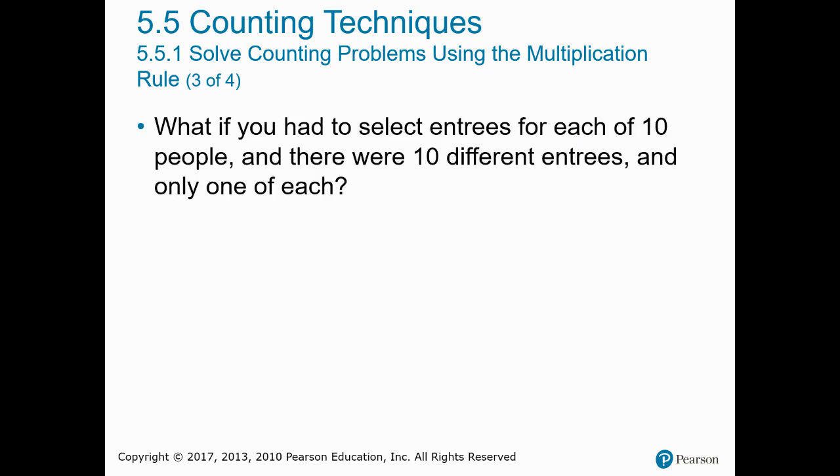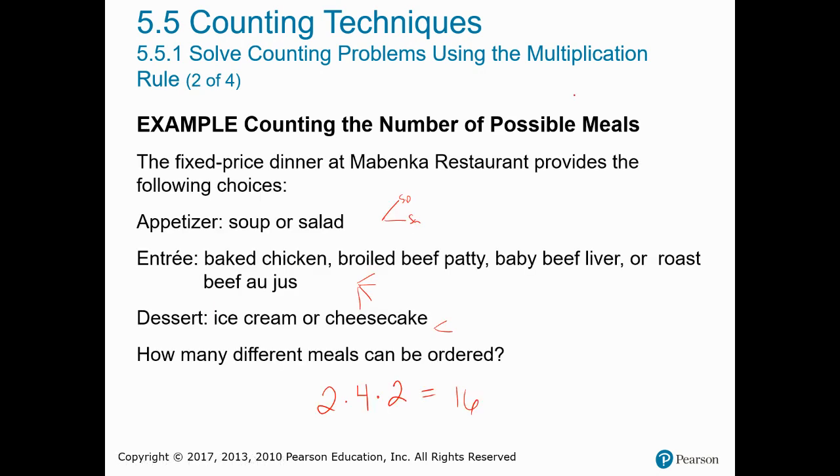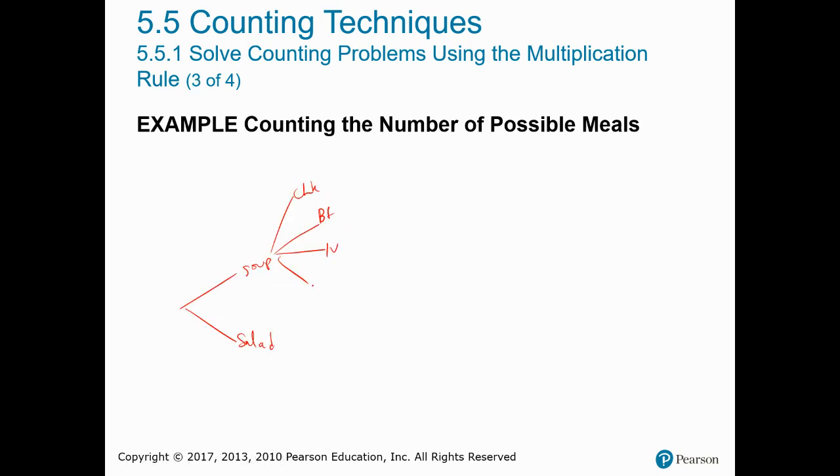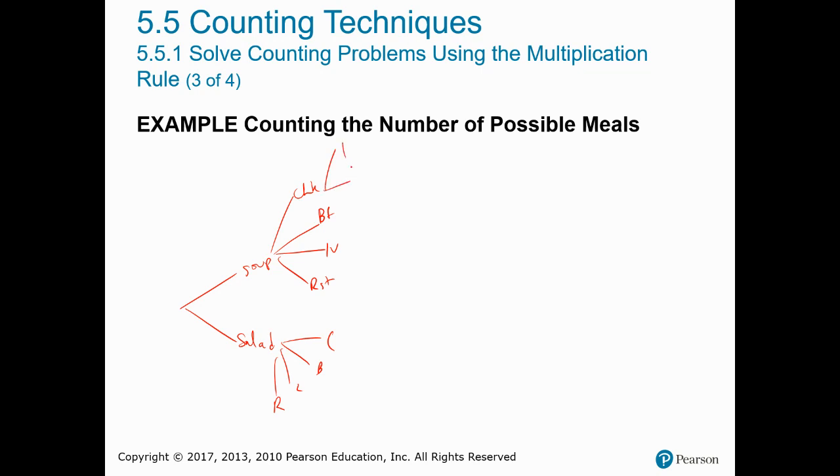So what if you had to select entrees? I had left this blank to kind of count it out, but so if you count these up, you ought to get 16.